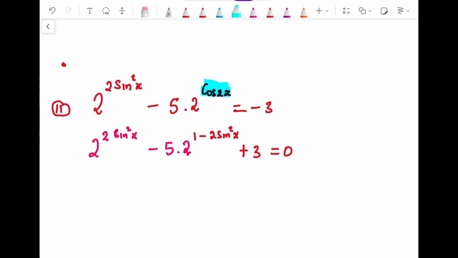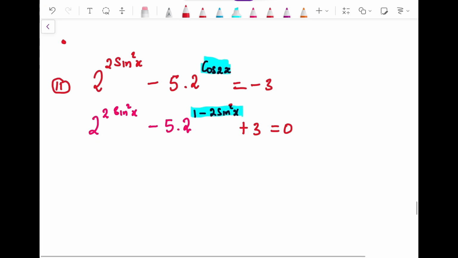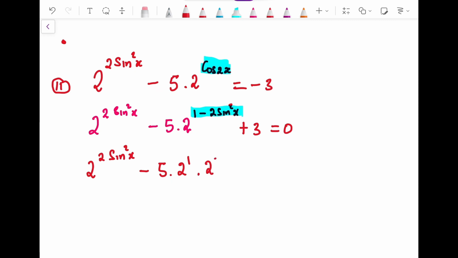Now I can apply the laws of exponents and split this. So if I split this, I'm going to have 2 to the exponent 2 sine squared x minus 5 multiplied by 2 to the exponent 1 multiplied by 2 to the exponent negative 2 sine squared x, and then plus 3. This is equal to 0. And then from here, you can see that there is no way that you will take out the common factor.